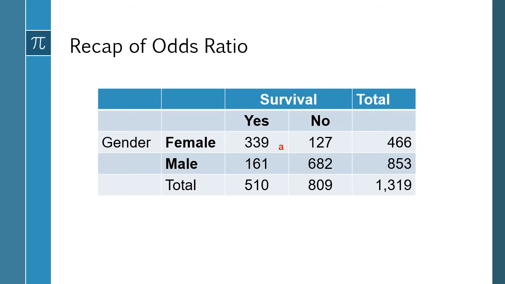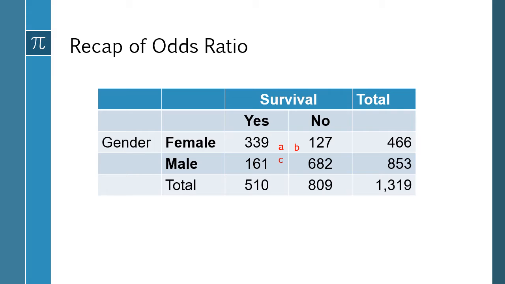So remember, when you're calculating the odds ratio of survival, you have four cells in the table. You have the A cell, females and survived yes. The B cell, female and did not survive no, that's 127.